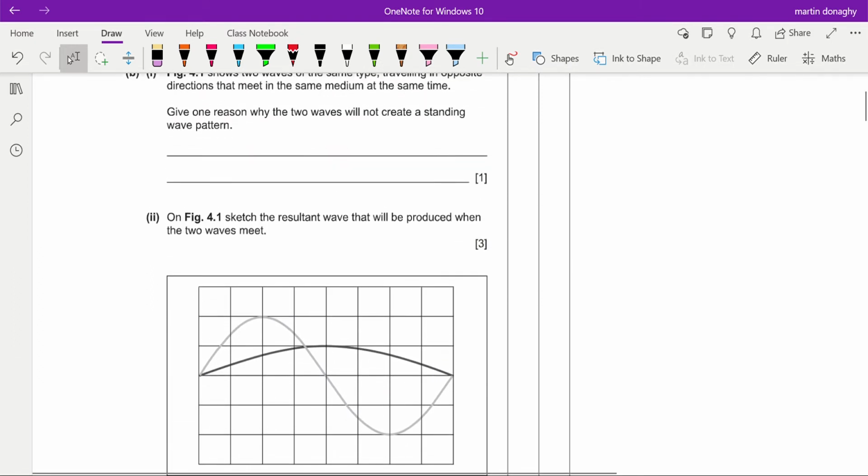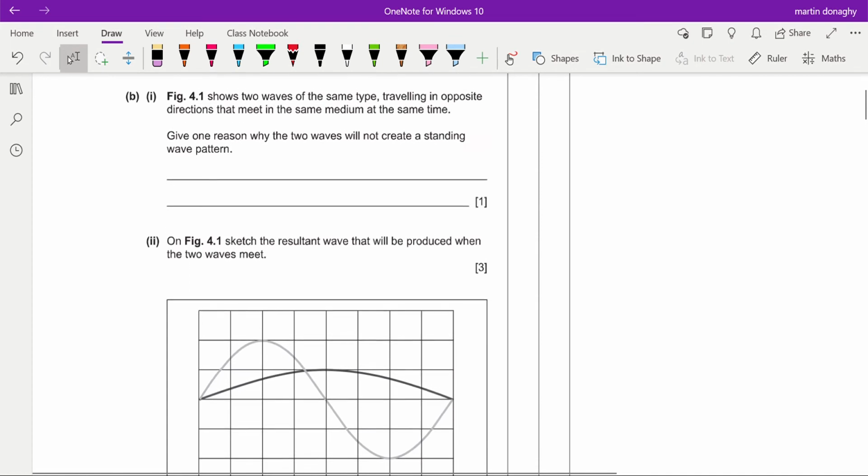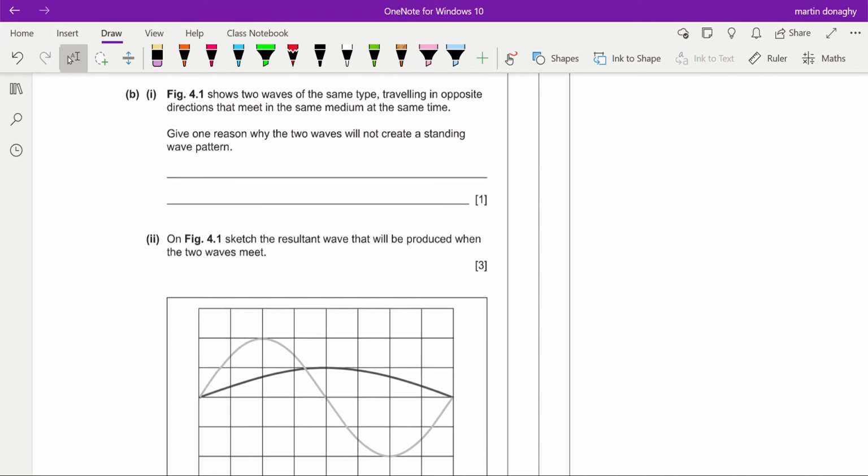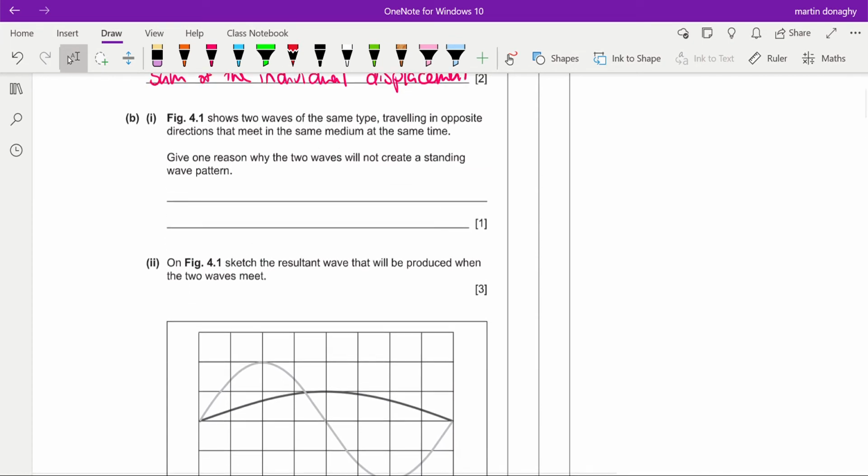So we don't know whether it's time or, well, it does say same time, so we're assuming this is distance on the x-axis. But either way, we can say they have different frequencies, or you could say the sources are not coherent. To see a recognizable interference pattern, the wavelength or frequencies have to be the same.